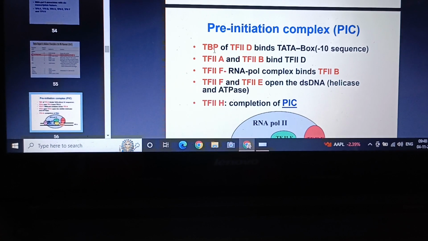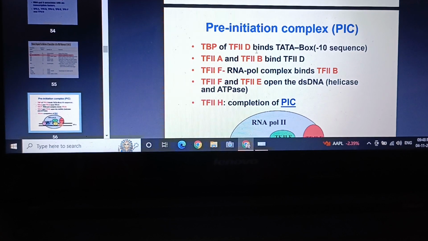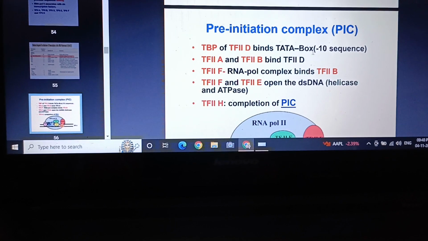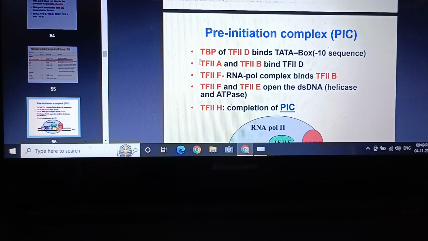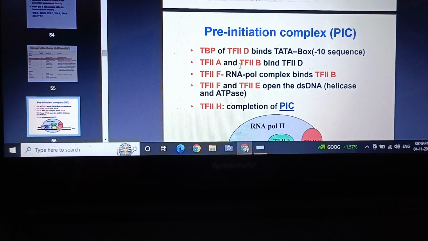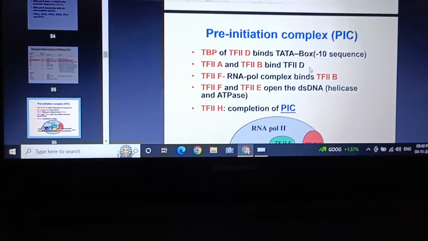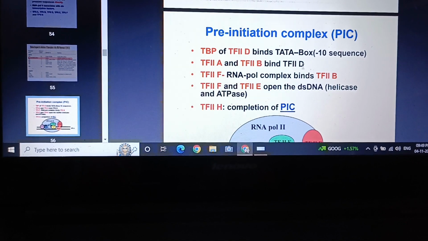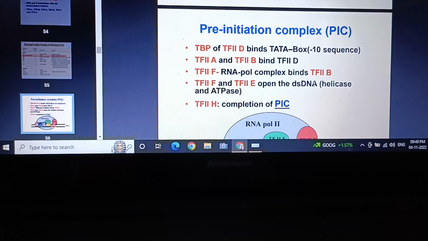The TATA box binding protein of TF2D binds the TATA box at the upstream 10 sequence, and TF2A and TF2B bind TF2D, that is your transcription factor D. And the TF2F RNA polymerase complex binds TF2B.